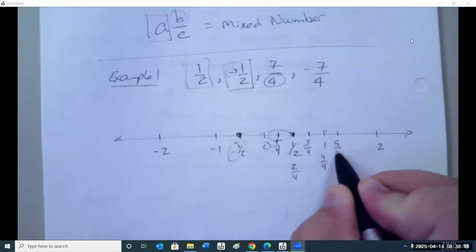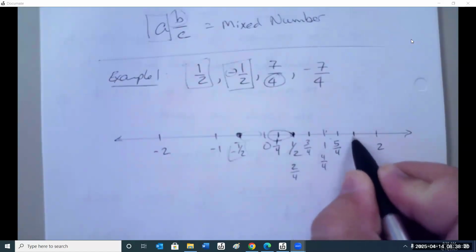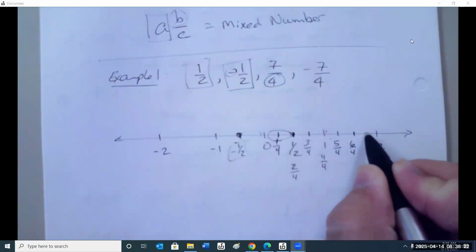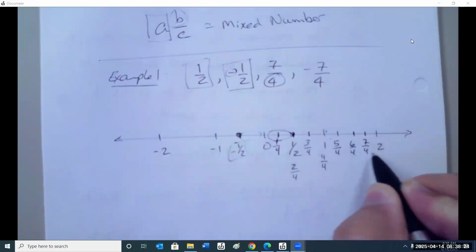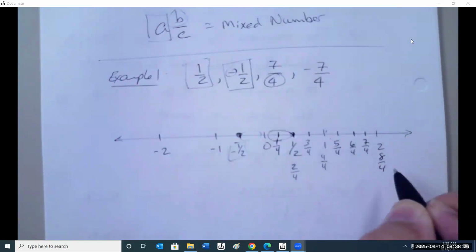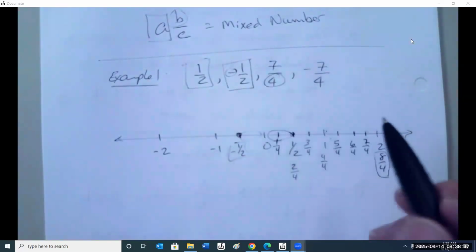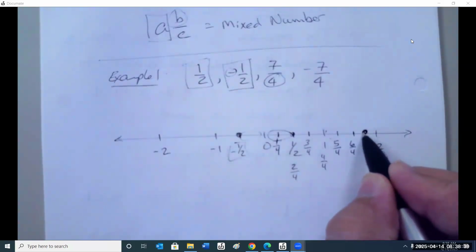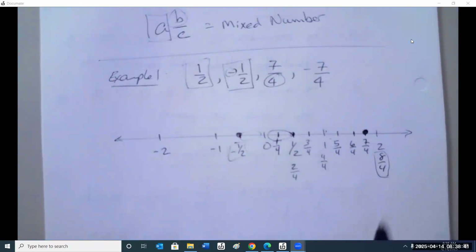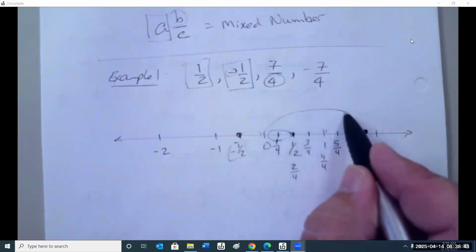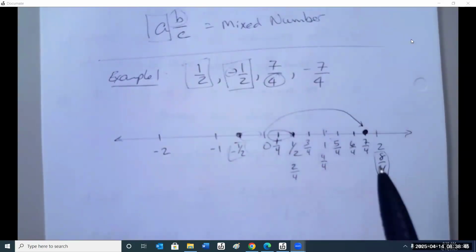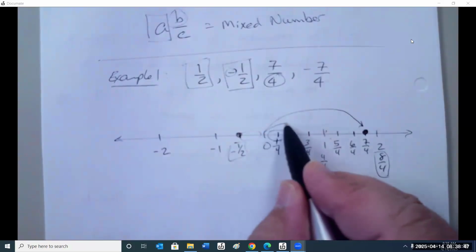This is 5/4. This is 6/4. 7/4. And 8/4. So we're looking for 7/4 right here. It goes from 0 to 7/4.